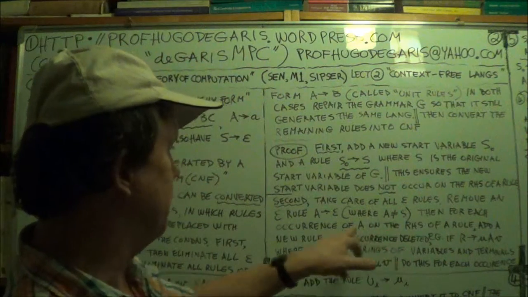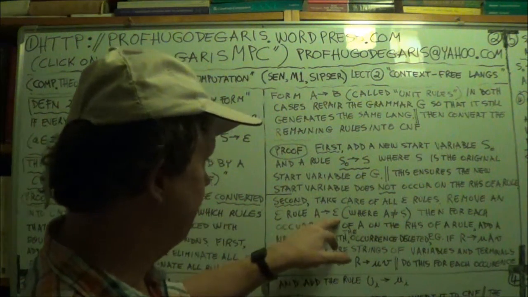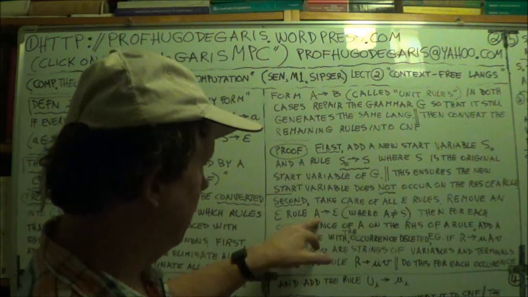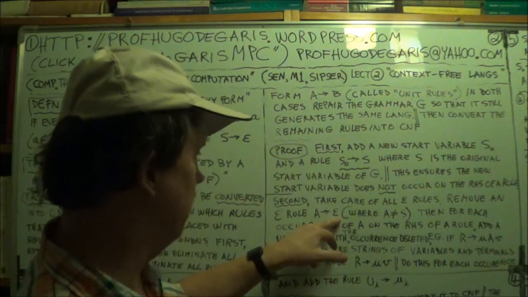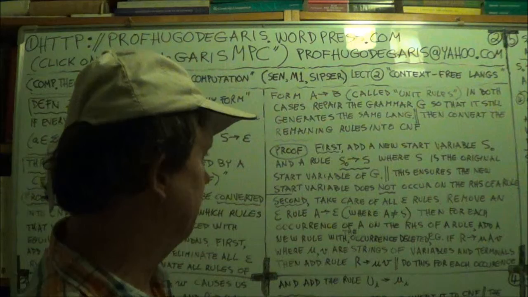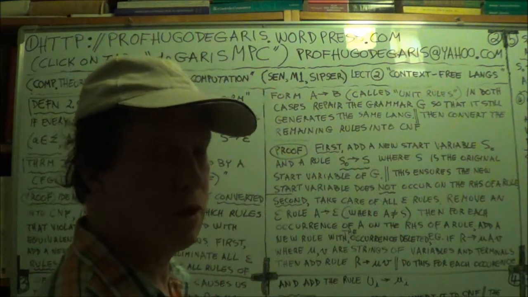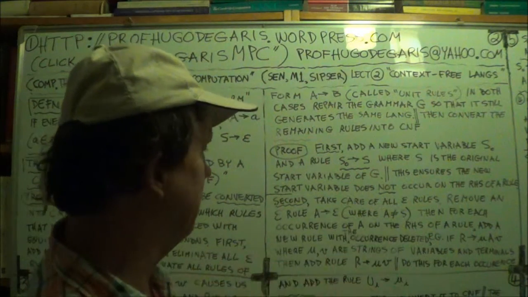Okay, so step 2 is you eliminate rules of this form: A arrow epsilon, the empty string. You throw these rules out from your original grammar G, and then we'll have to repair the damage. We'll explain a bit later how that's done.